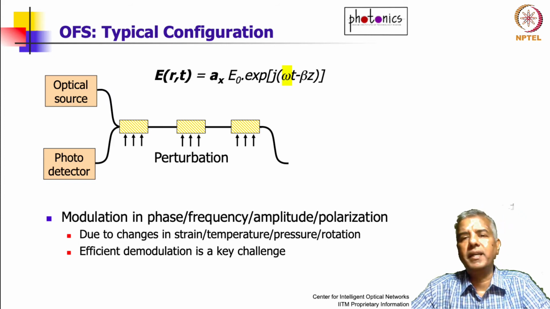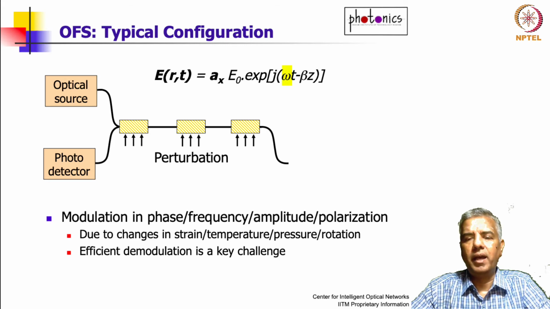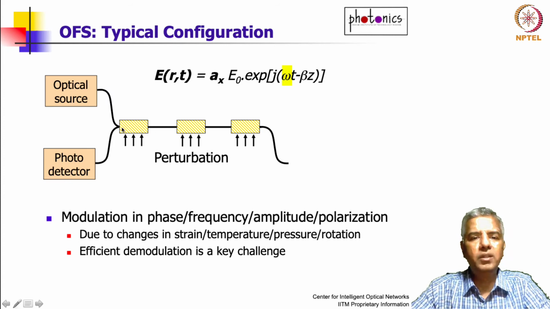Why do I say that? Well, if you consider an amplitude modulated sensor, just like this one, if you're trying to pick up a perturbation over here, let's say it changes the amplitude of light, but before it reaches the photodetector, that might get corrupted during this propagation.